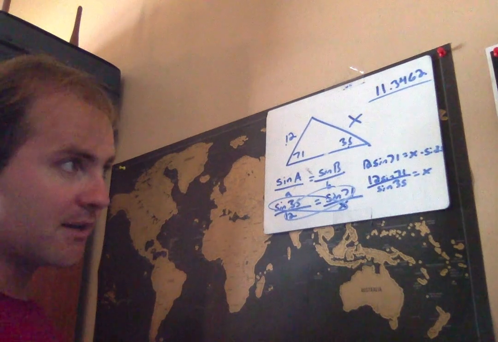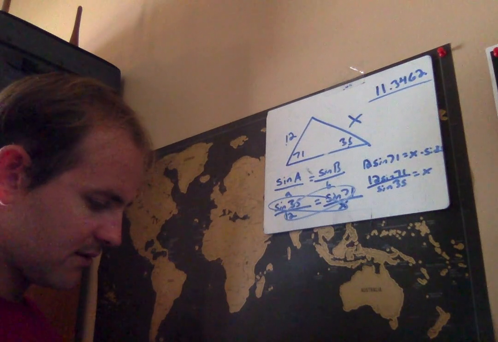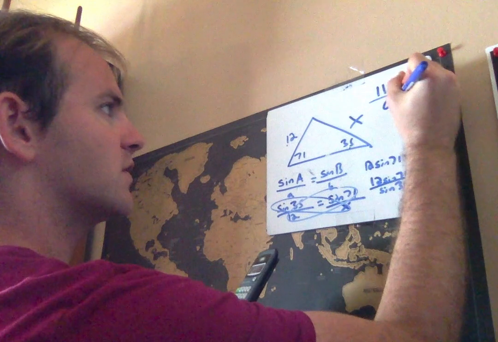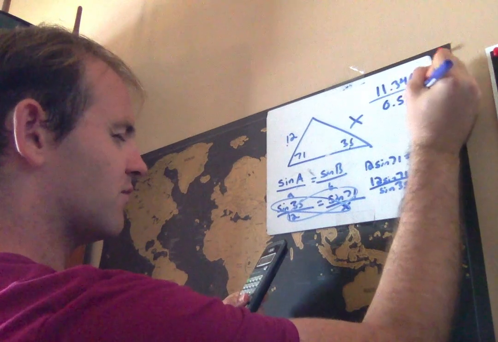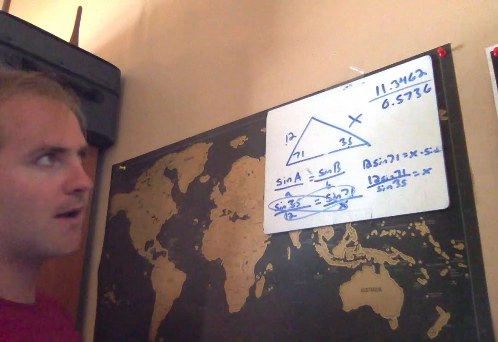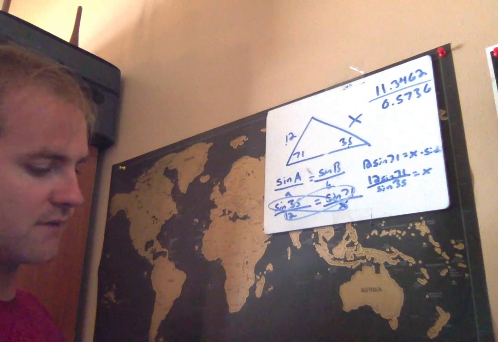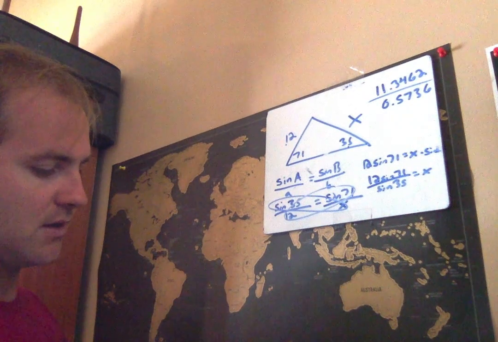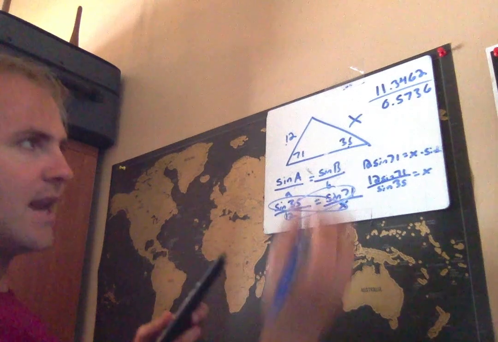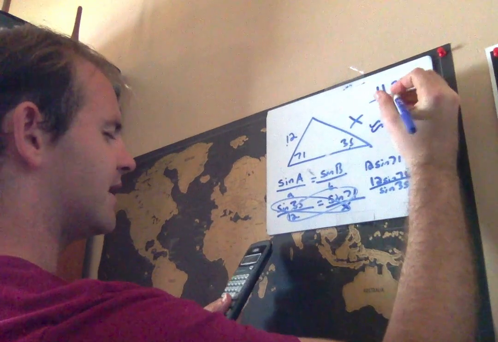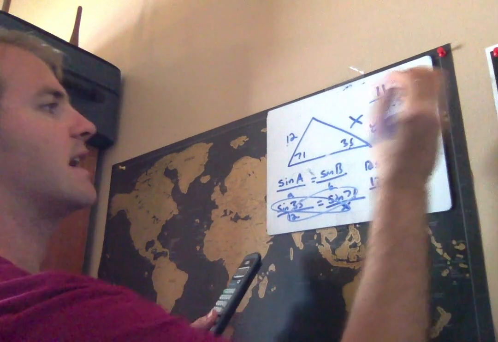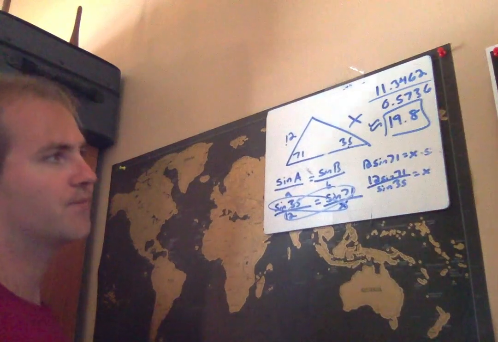And on the bottom, what's sine 35? That's going to be 0.5736-ish. Now I'm going to clear everything and do that math, divided by 0.5736, and I should end up with something like 19.8 as my final answer.